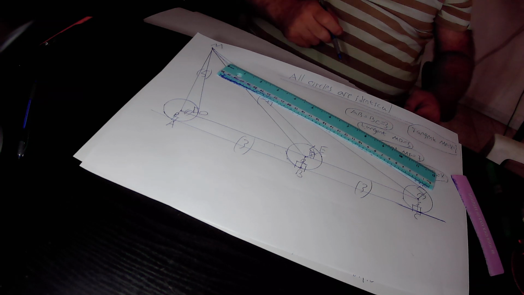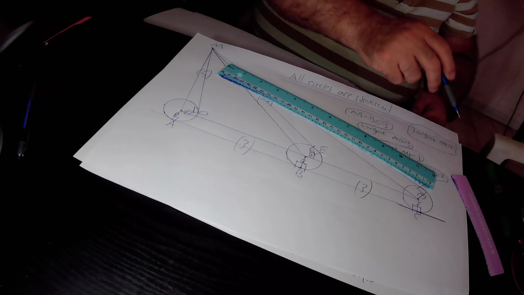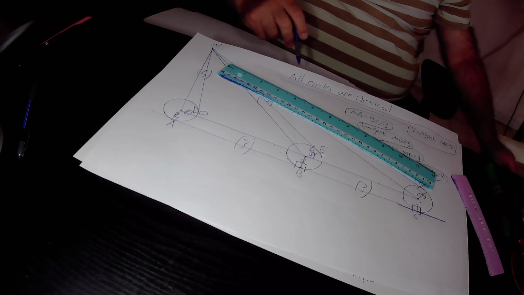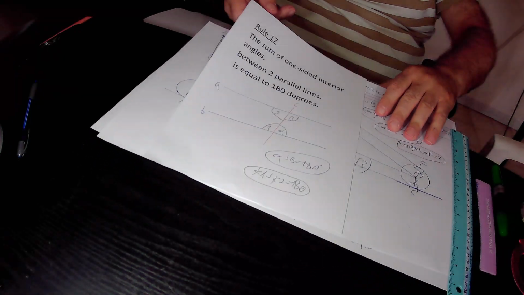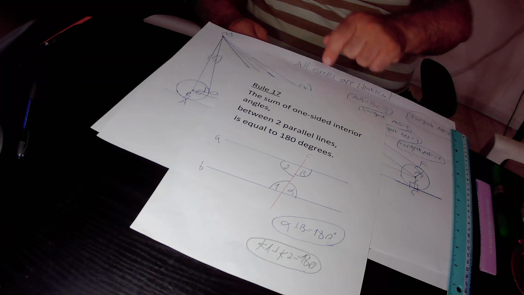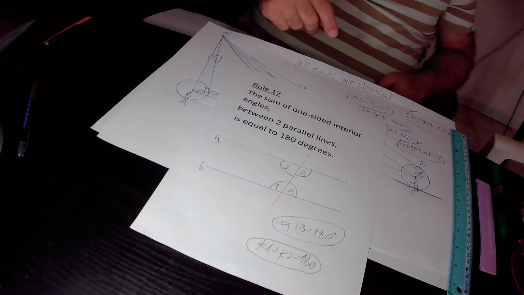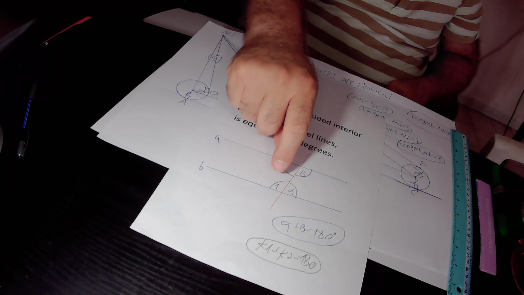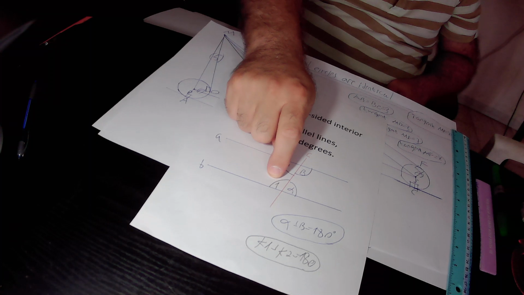Because the straight line PQS is parallel to the straight line ABC, we can implement here rule 17. So I'm clicking quickly on rule 17. According to rule 17, the sum of one-sided interior angles between 2 parallel lines is equal to 180 degrees. So those are angle 2 and 1, and they are defined as one-sided interior angles.